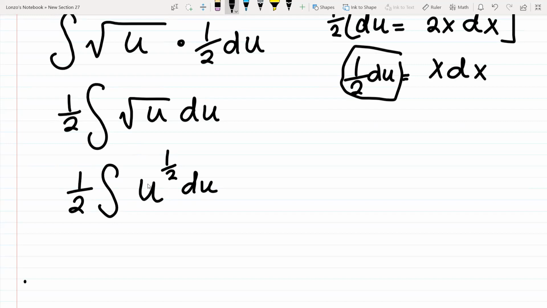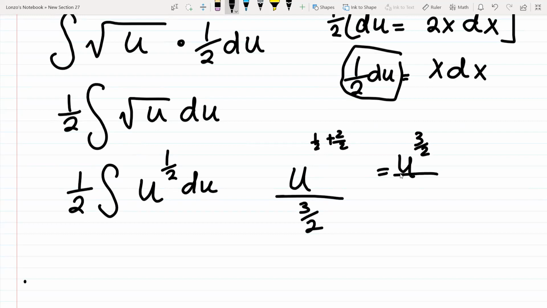And then what's the integral of u to the 1/2? Well, it's going to be u to the 1/2 plus 2/2, or 1. And that would be 1/2 plus 2/2 is 3/2. So that's u to the 3/2, and then over 3/2. Let me simplify this before I multiply by 1/2. So I'm going to just do the bracket method.